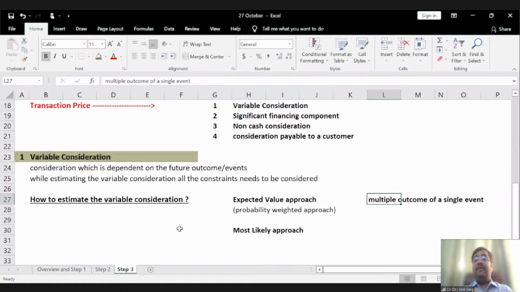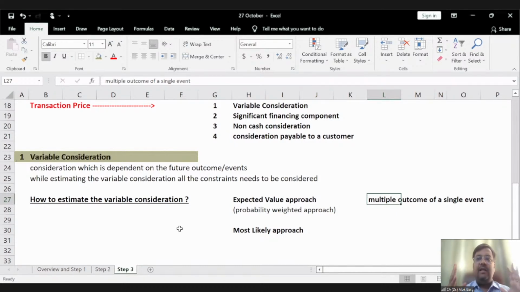Example, there is a 10% chance that the entity will receive a bonus of 10,000 rupees. There is a 30% chance the entity will receive a bonus of 20,000 rupees. There is a 40% chance the entity will receive a bonus of, let's say, 50,000 rupees. There is a 20% chance the entity will not receive any bonus.